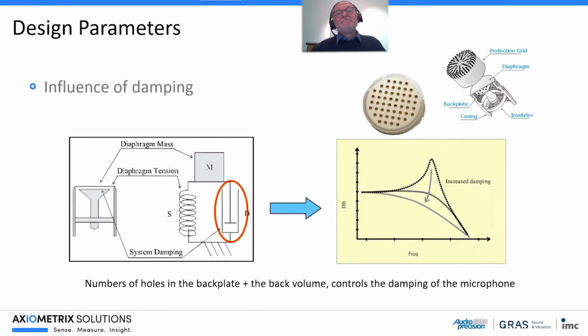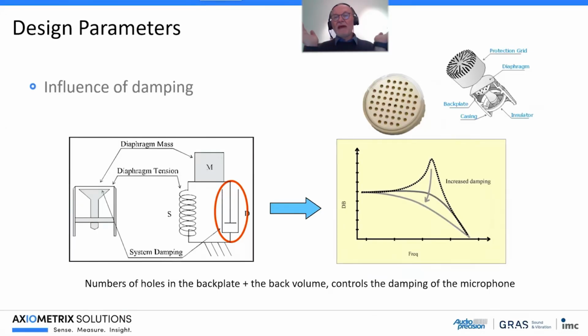First, let's look at the system damping. This is a back plate of a microphone, and we can see all these very small holes. The number of holes in the back plate plus the volume behind the diaphragm, the volume in here where I have my cursor, controls the damping of the microphone.